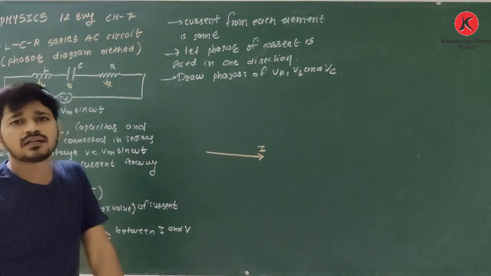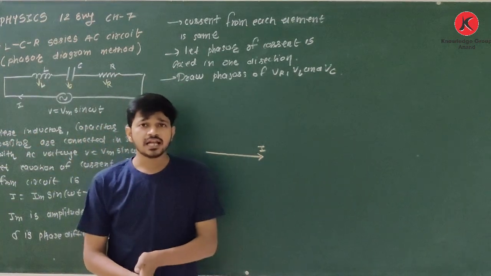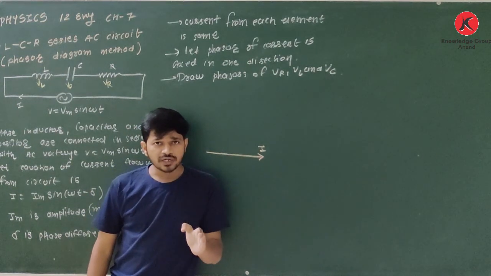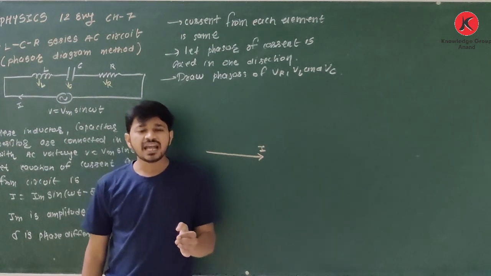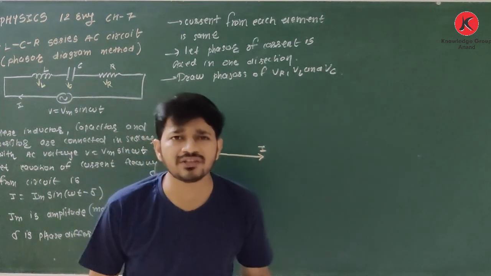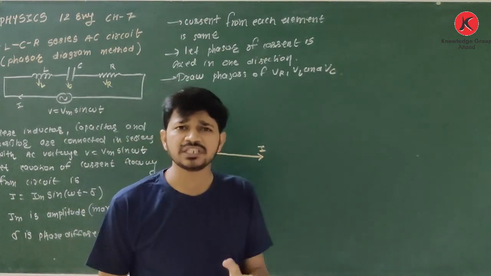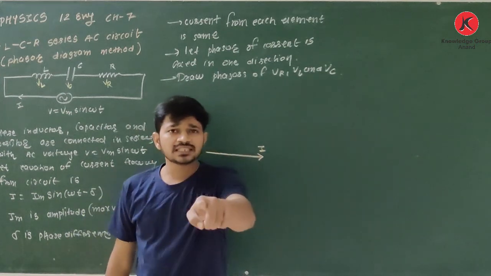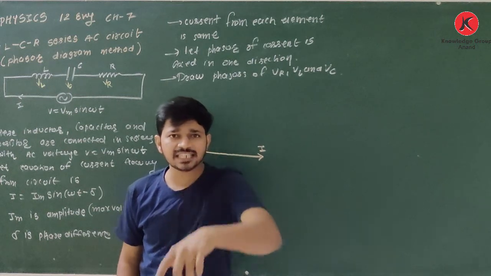Remember the phasor method. What is a phasor? It is a rotating vector. Three cases. First, in a purely resistive circuit, V and I are in the same phase, so the phasors of V and I are in the same direction.